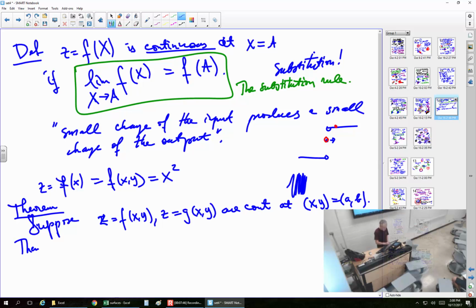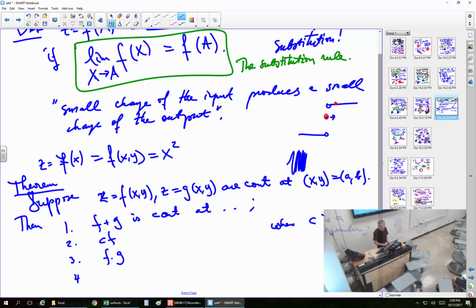Then number one, f plus g is continuous once again at that point, and c f where c is a real number. And f times g, and fourthly, f over g.